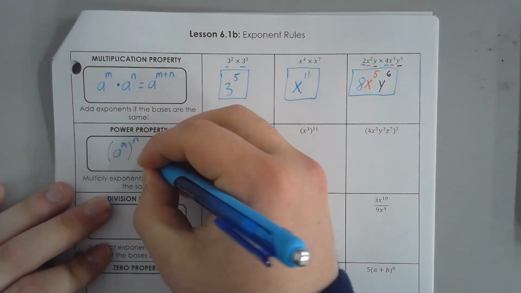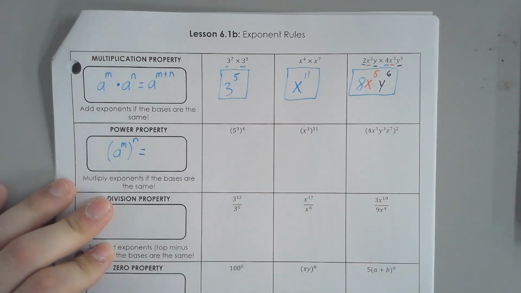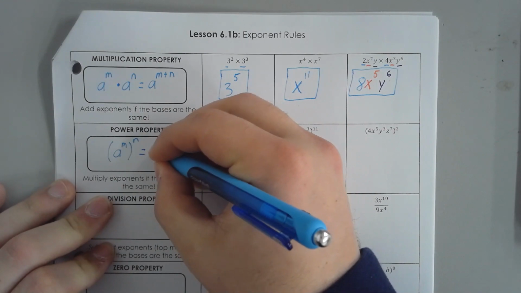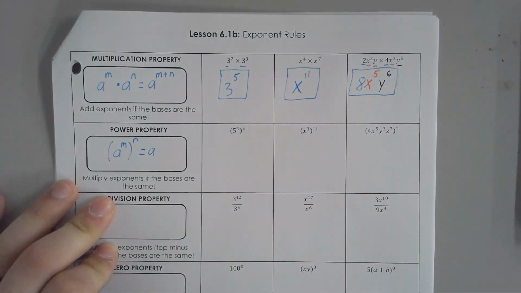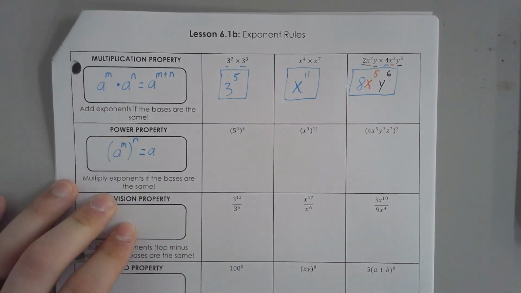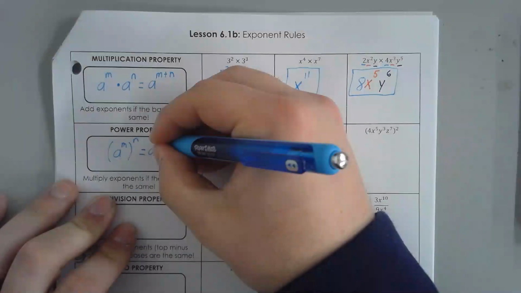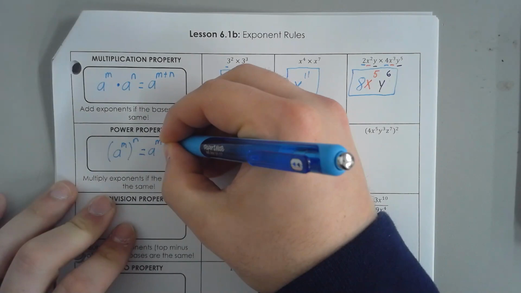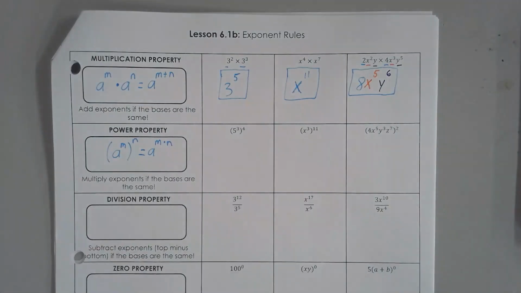So when you have one like this, you still have your base of A, and your exponent, instead of like up above it was m plus n, now it's going to be m times n. So a power raised to a power, we multiply. A power times a power, we add.